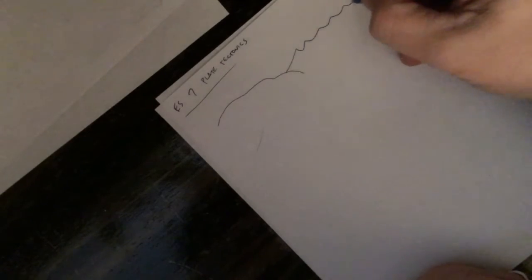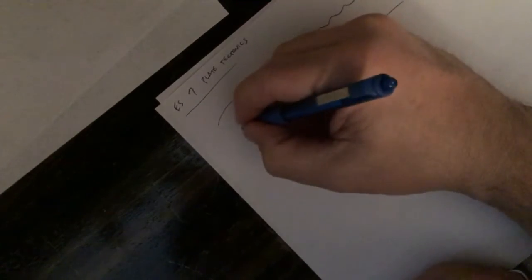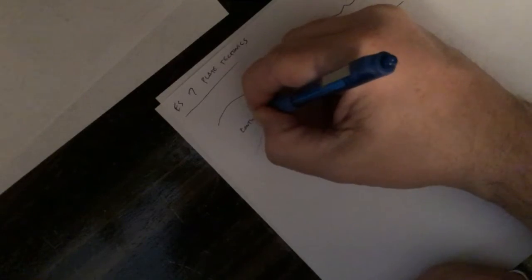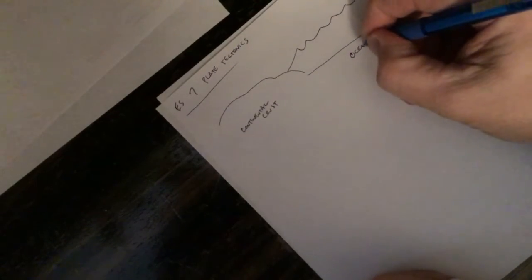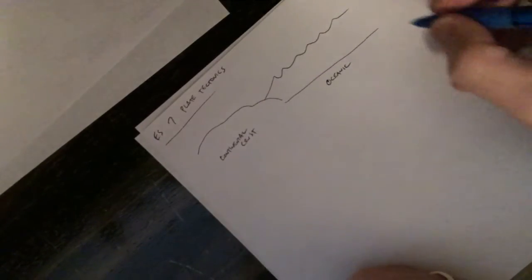You've got continental crust, and you've got oceanic crust.